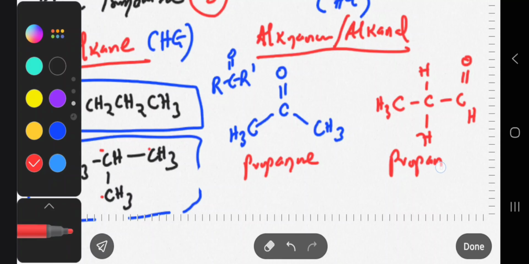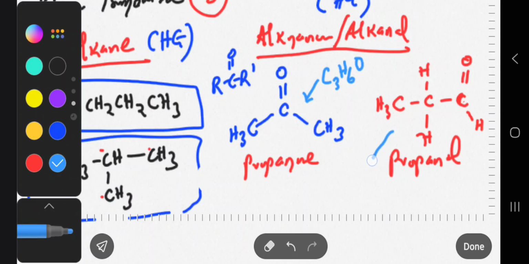Can you see? Now these are two isomers too. Sorry, I didn't write this very well. This is supposed to be C, and this is H over here, right? So how many carbons do we have in the propanone? We have 1, 2, 3 carbons, 6 hydrogens, C3H6, and 1 oxygen, right?